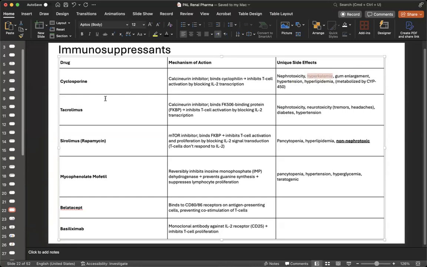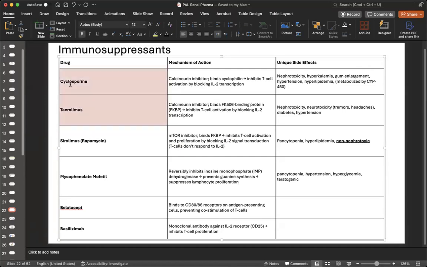Now we have a third drug, sirolimus. Instead of preventing the production of IL-2, sirolimus is going to let IL-2 be produced, but it's not going to let IL-2 bind to T cells and activate them. So T cells won't respond to IL-2. You see the difference?